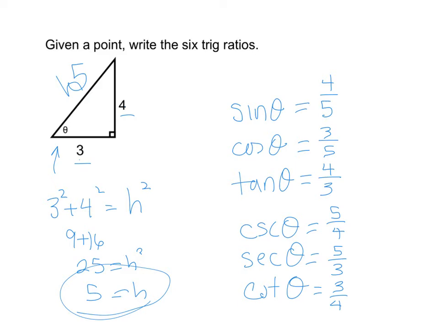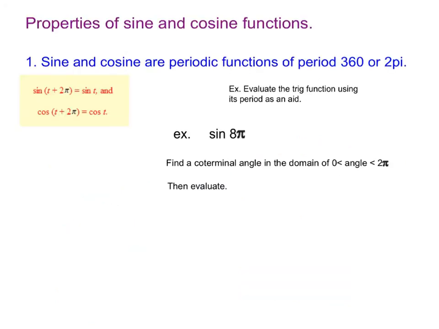Now look at this. Remember I said sine over cosine is tangent. Well, 4/5 divided by 3/5 is 4/5 times 5/3, which is 4/3. So you see how that works? So using the relationships between the trig ratios will really help you in these kinds of problems.